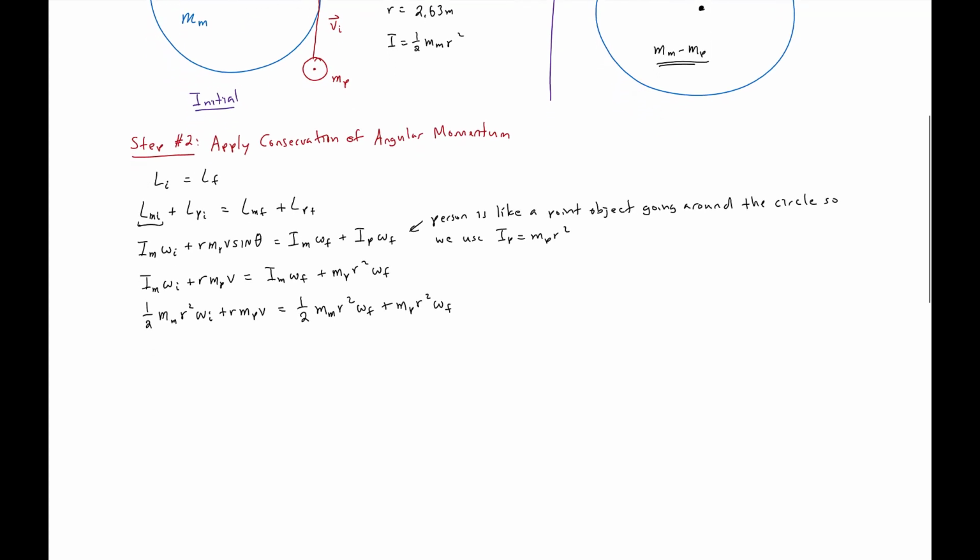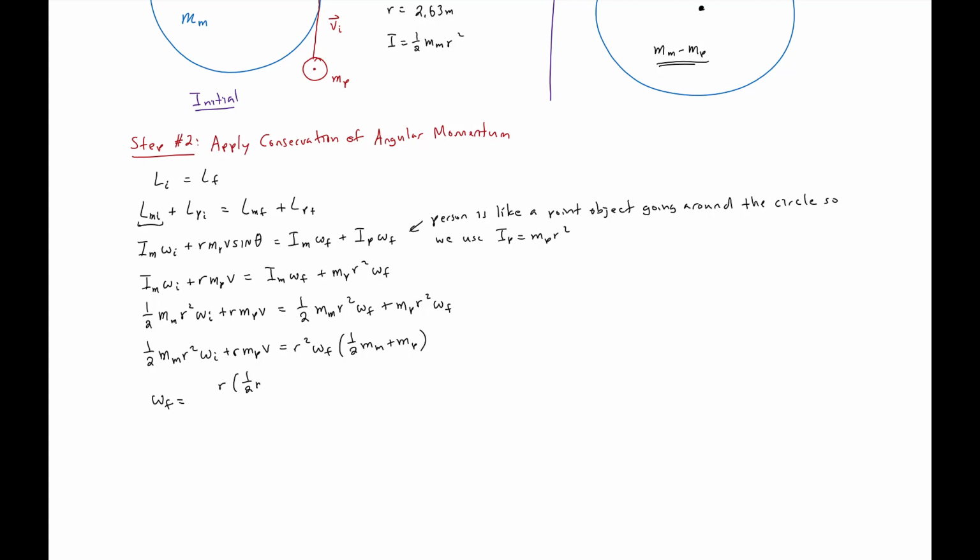Okay, so all we have left to do is just to solve for omega_f. So we should probably factor it out on the right side. We do have 1/2 m_m r squared omega_i plus r m_p v equals the right side. We can factor out r squared and omega_f to get 1/2 m_m plus m_p, which means omega_f is equal to, let's factor out an r on the left side.